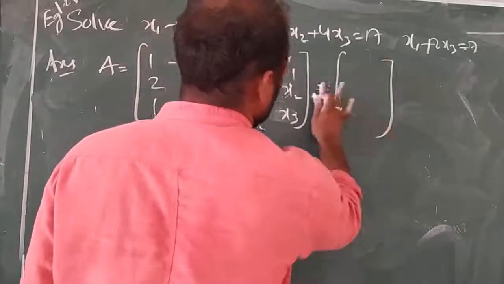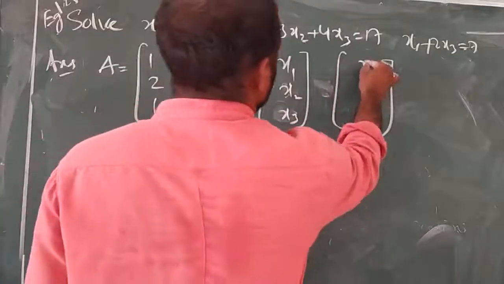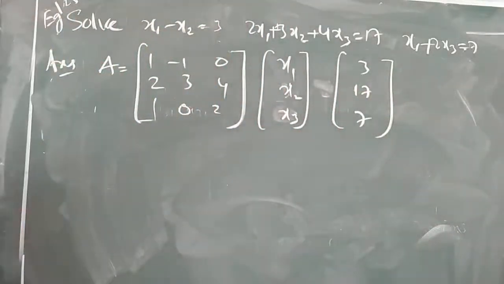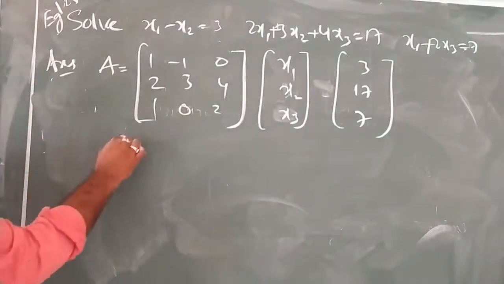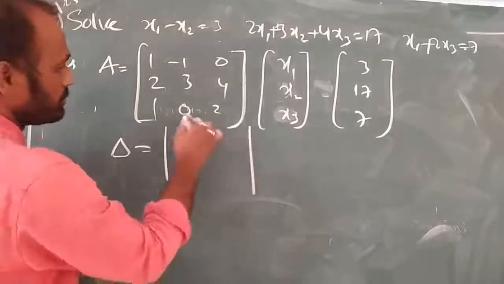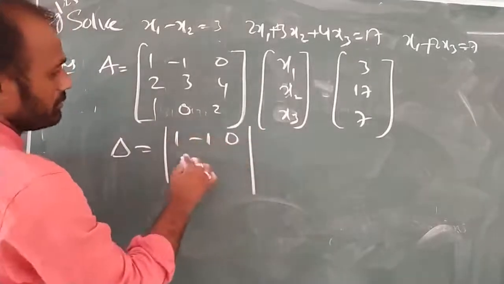Another matrix is 3, 17, and 7. First we need to find the delta value, that is the determinant of this. If it is not equal to 0, then we can proceed further.